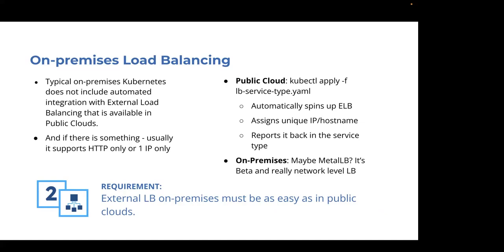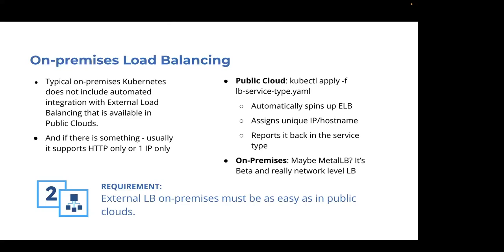And in the public cloud, seamlessly, without you even knowing, if we're talking about AWS, it automatically spins up an ELB for you. It assigns a unique host name and IP address to you, and it reports it back on the service. So later on, when you do kubectl get services, you will see a host name for your service, and it just automatically works. On premises, that's not necessarily possible.